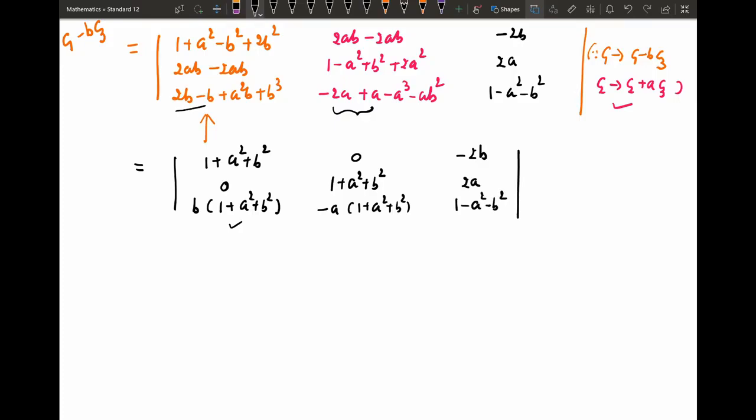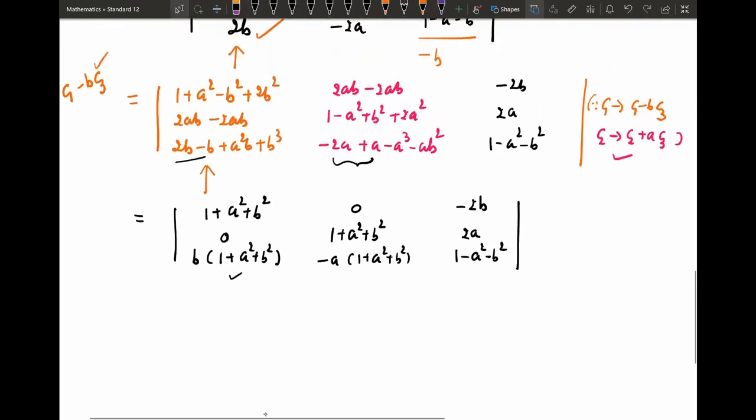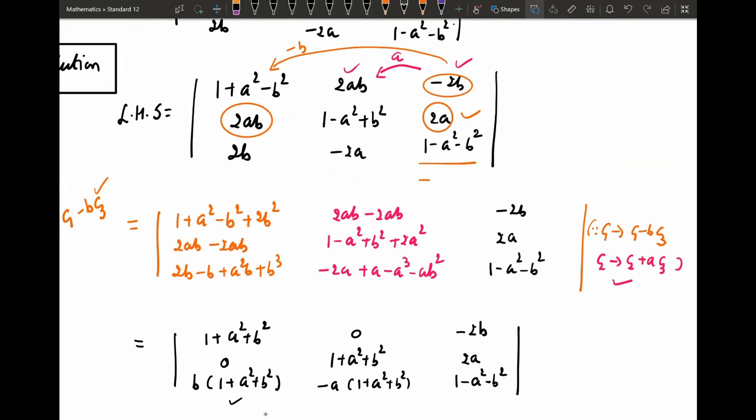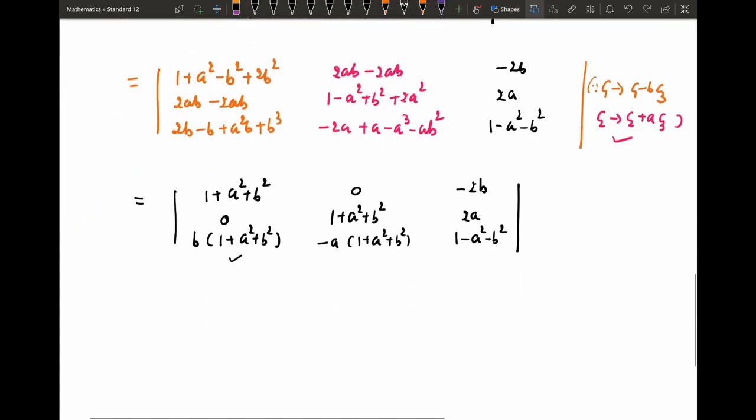So now let us take 1 plus a square plus b square common from first and second column respectively. So outside there will be 2 times, so it will be 1 plus a square plus b square raised to 2.